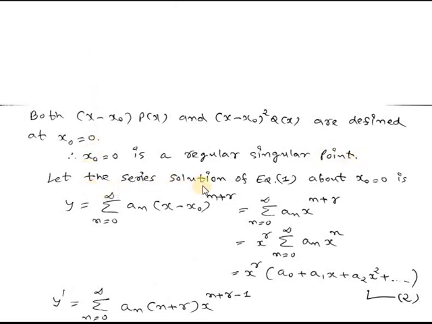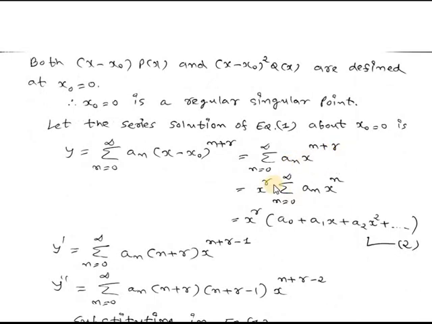Now let the series solution of equation 1 about x0 equal to 0 be given by y is equal to sigma n equal to 0 to infinity a_n (x minus x0) raised to n plus r. We are checking for this point x0 equal to 0, so put 0 here, and we get sigma n equal to 0 to infinity a_n x raised to n plus r.